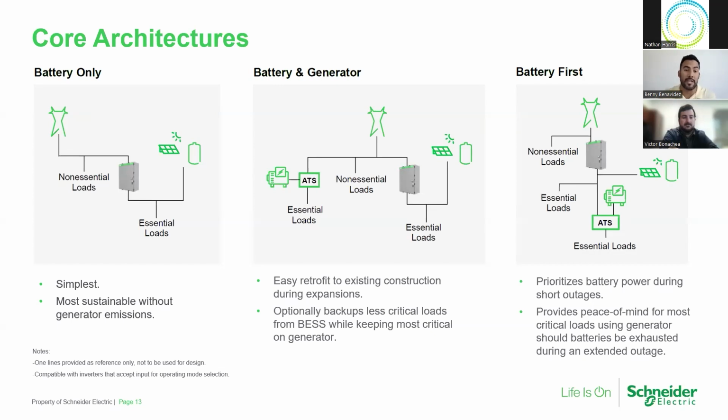They could be optional standby, where both ATS and SourcePack operate independently, but they still provide resiliency to their respective loads. And then we go to the far right there, which is a battery first scenario where, again, you think about your battery energy storage system connected to the utility main switchboard, which ideally is where you want to connect an energy storage system because it's a grid connected device.